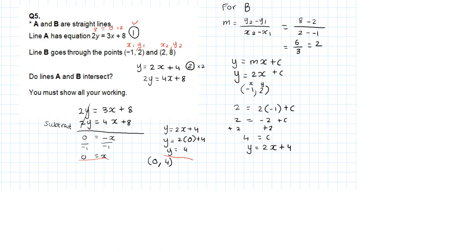And then we work it out over here. y is 4, and 2 times 0 is 0, and 0 plus 4 is also 4, so it works here as well. So we know that our answer is correct and the two lines meet at 0, 4.